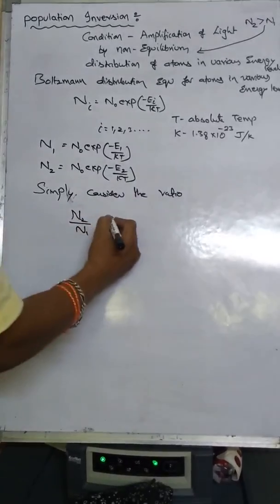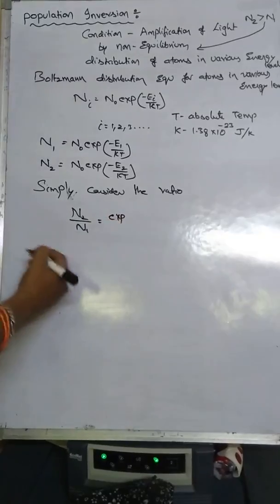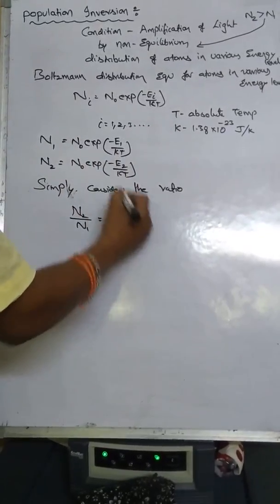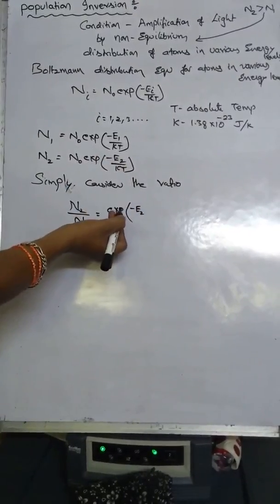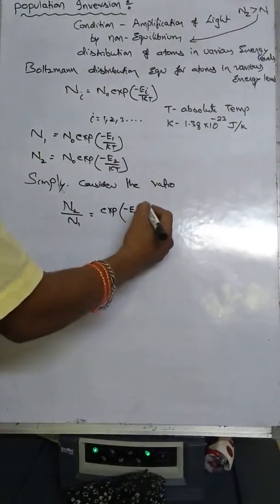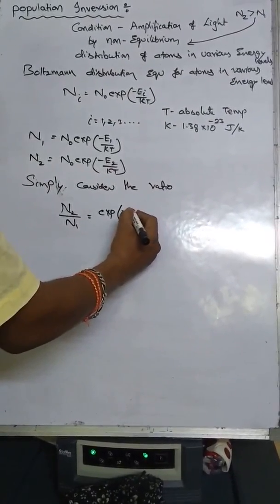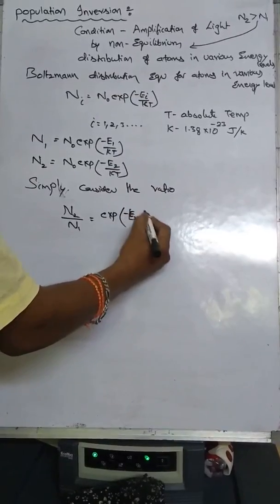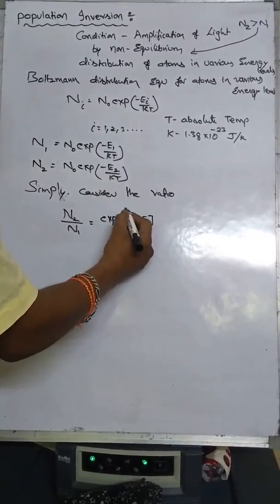N naught cancels, leaving the exponential of minus E2 plus E1, which, taking the minus sign common, gives this equation.